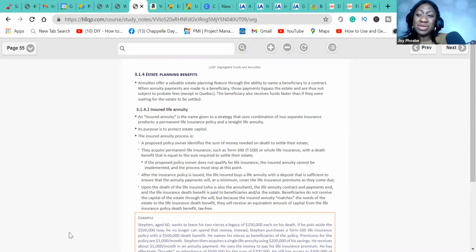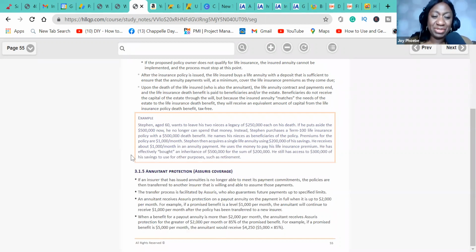And then the annuity payment funds the insurance premium. So the annuity payments fund the insurance premium, so that when the person passes away, the death benefit is paid to be used to settle the estate. Wonderful.